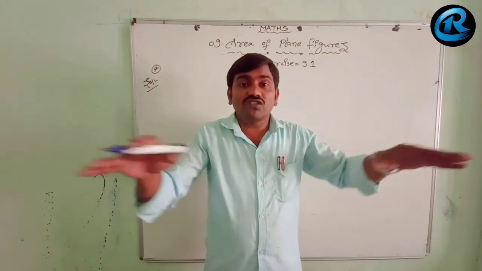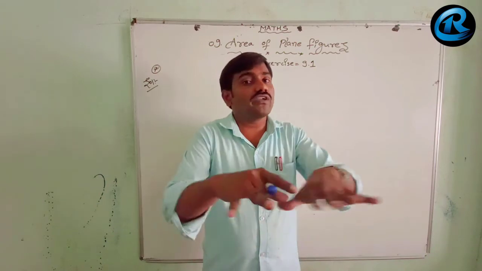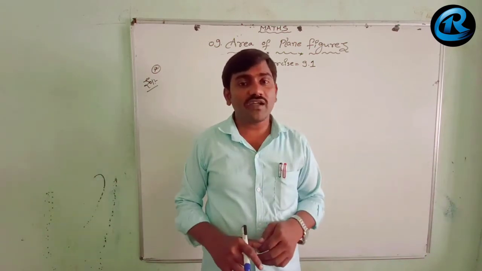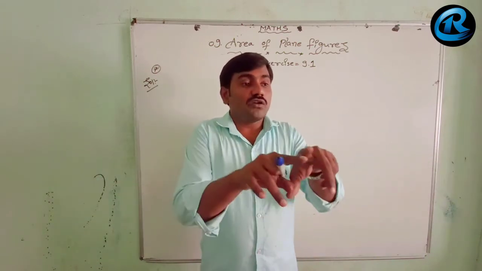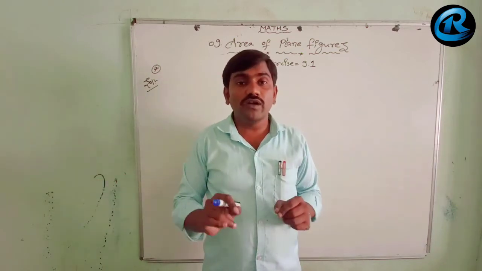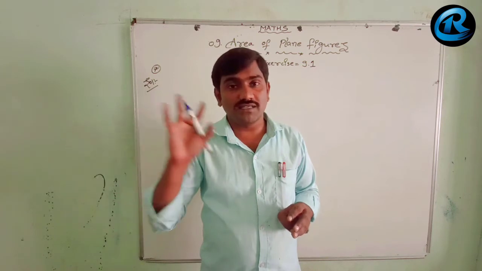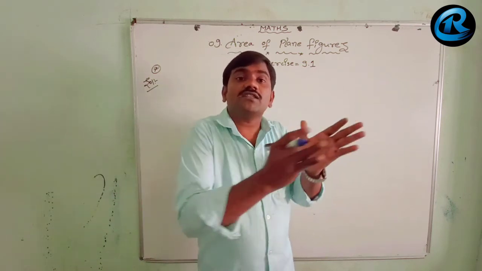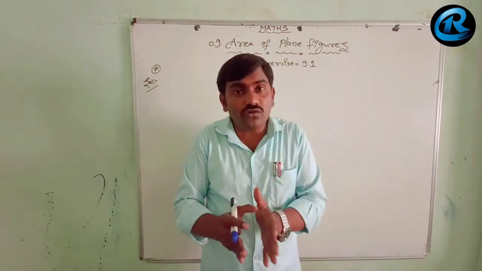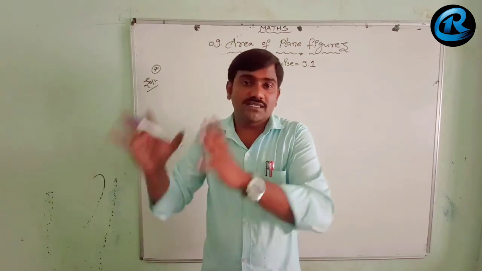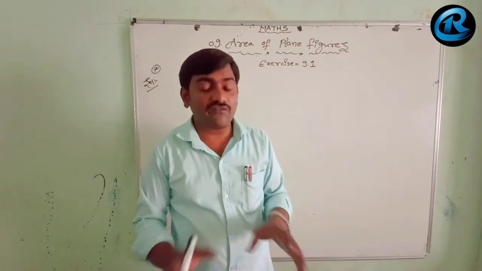So the area of 3000 tiles is equal to the area of a floor. To find out the area of floor we'll do 3000 into area of rhombus. ఎందుకు 3000 into, because there are 3000 tiles. Area of rhombus చేస్తే area of floor వచ్చేస్తుంది.